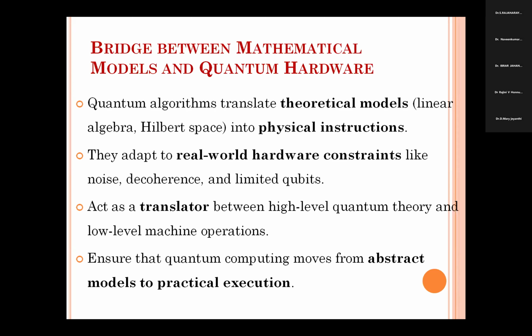Right now we are using classical machines, and quantum logic and quantum operations can be converted into low-level machine operations by the quantum translators. This ensures that quantum computing moves from abstract model to practical execution.